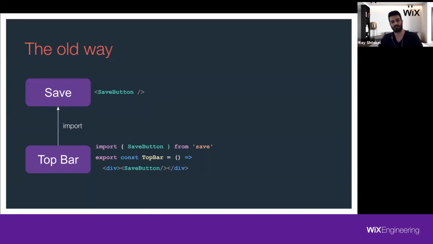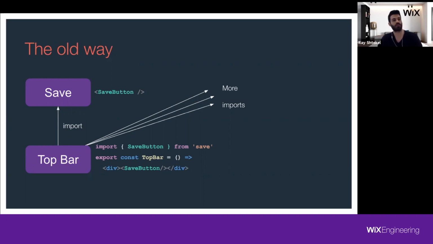The big issue with this is that for each feature that we want to add, for each new button, we're going to have to implement the new button or new feature, and then go back to the toolbar and add another import and add another rendering part to the toolbar in order to render what we imported.